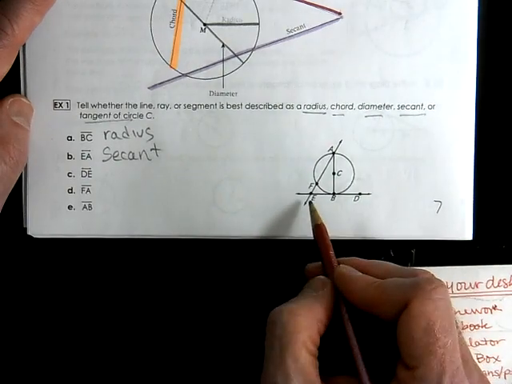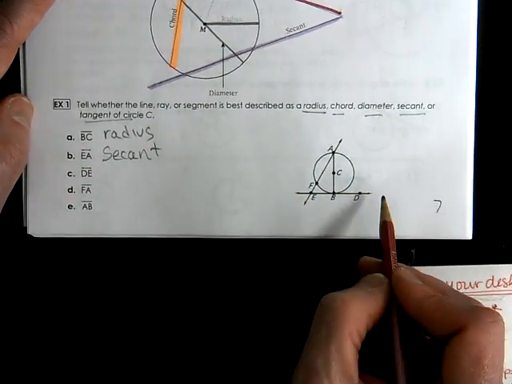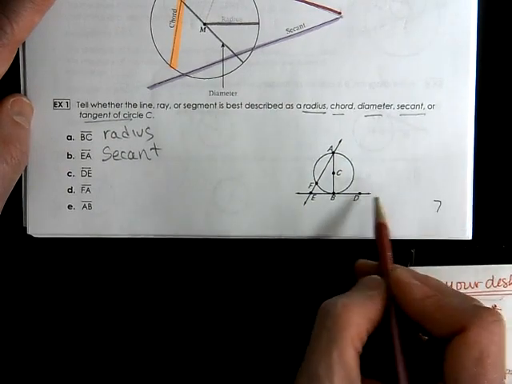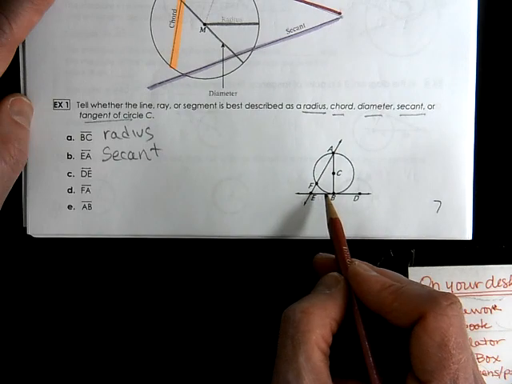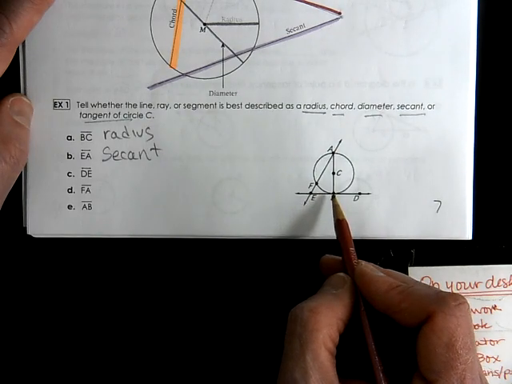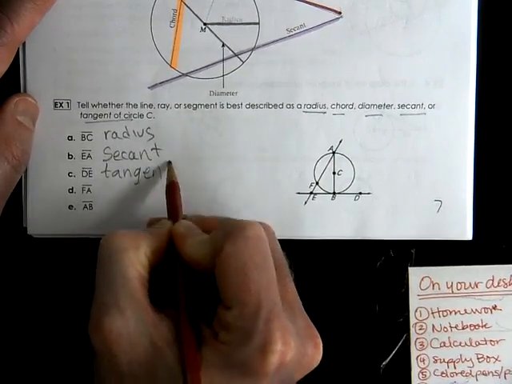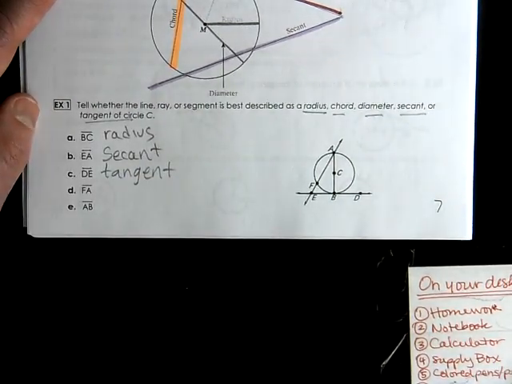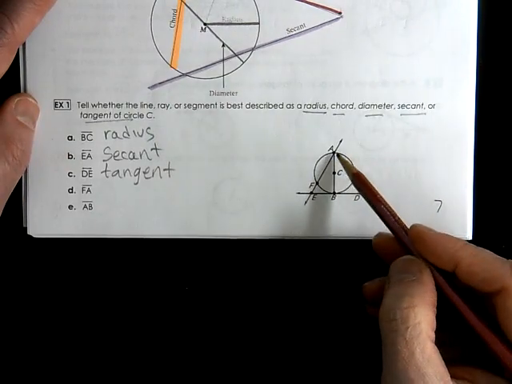DE. Looking at the letters DE, and we connect those and go back and forth. That's on the outside of the circle, never going inside the circle, but it does touch the circle at exactly one point. So that would be a tangent. Segment FA.